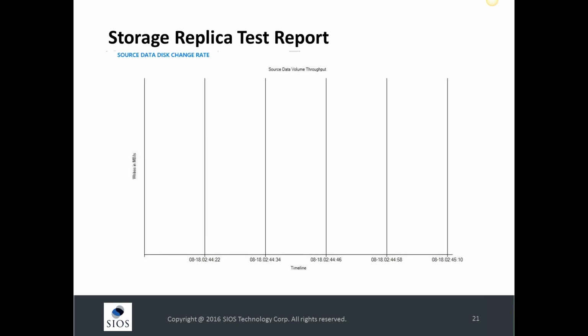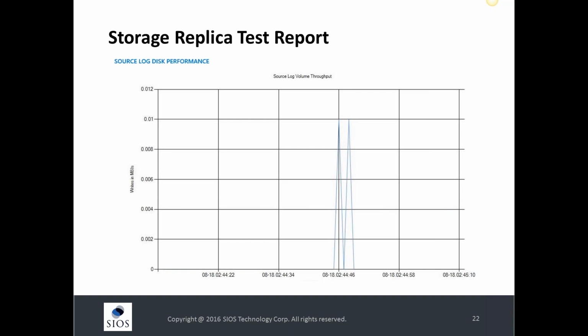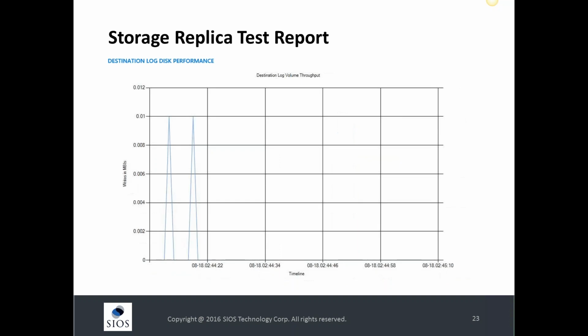Again, since we weren't writing anything to disk, we're not seeing any disk change rate here. But in production, you can see your writes, your megabytes per second, in the time period that you measured. Same with the source log disk performance. You see some writes there from the tests, but you get more information if you're running this on an active server. So that's the Storage Replica test report.